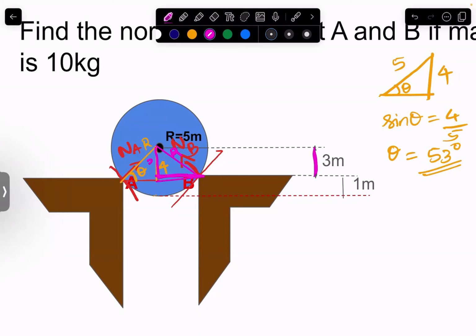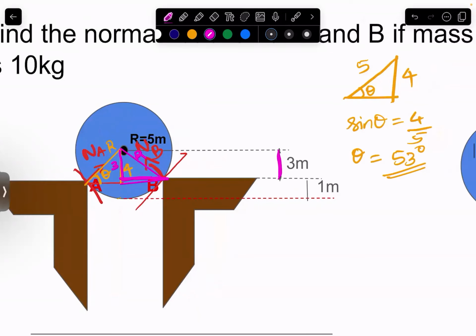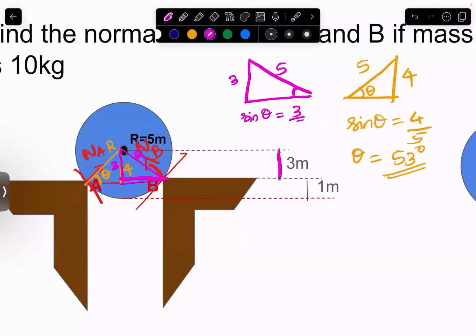So this is 3 meter. This is 5 meter. So the right triangle drawn here is like this, 5 and 3. So what is this angle? Sine theta equals 3 by 5. So theta is sine inverse 3 by 5, which is equal to 37 degree.